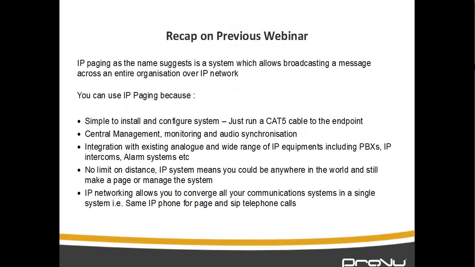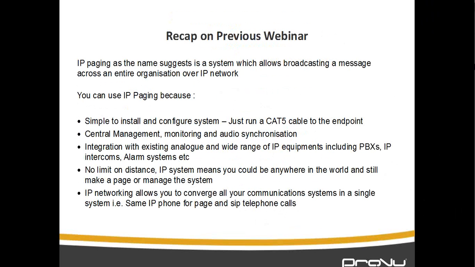And why would you use IP paging? There are quite a few main reasons for it. The first one is it's very simple to install and configure. All you have to do is run a Cat5 cable to the IP endpoint, and obviously a basic setup, and then you're good to go. Being IP also means it is a centrally managed system, so most of the system is controlled by a web browser.